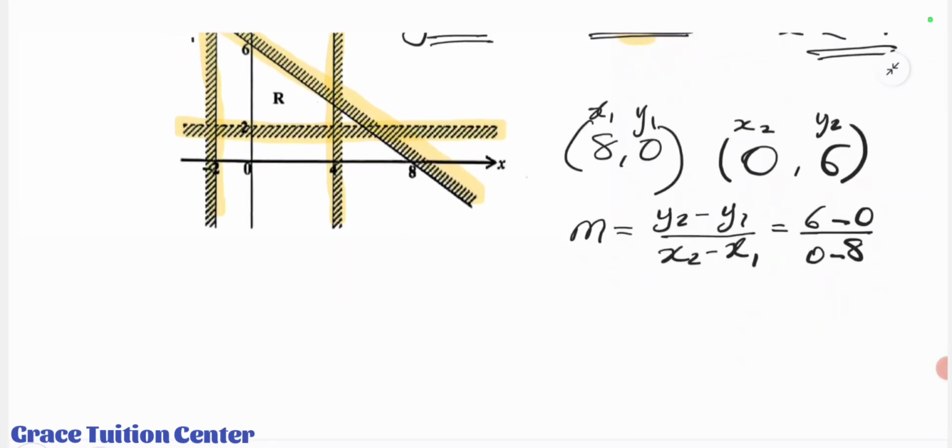Simplifying, 6 minus 0 is 6, and 0 minus 8 is negative 8. A number that goes into both 6 and 8 is 2. So 2 into 6 is 3, over 2 into negative 8.